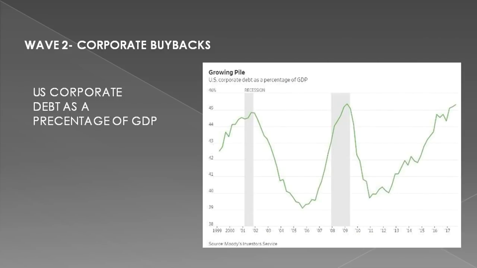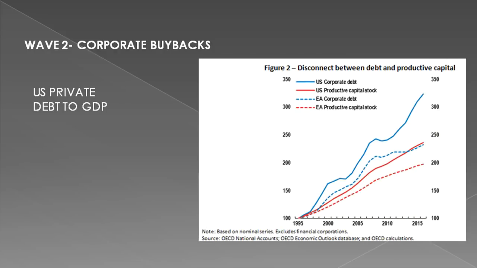U.S. corporate debt alone is now over 45% of U.S. GDP. How long can it be sustained? Their cash flows are already in peril, as well as their credit ratings, because of the size of the debt they've already taken on. Clearly, the disconnect between their debt and productive capital stock doesn't bode well for the future.